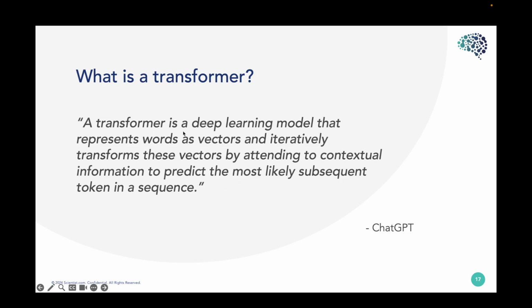We've seen how words can be vectors. We are going to iteratively move these vectors through space using contextual information. That's all about the attention mechanism, which we talked about last time, all in service of predicting the most likely next token.